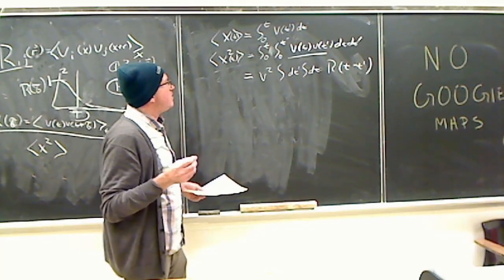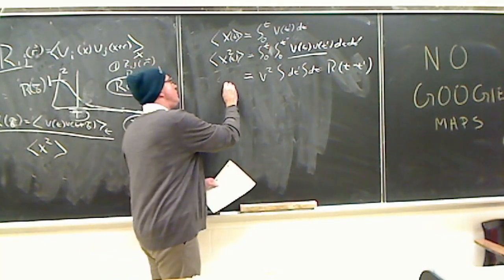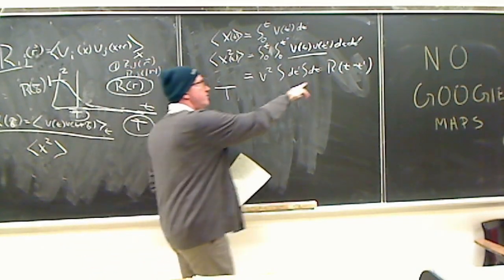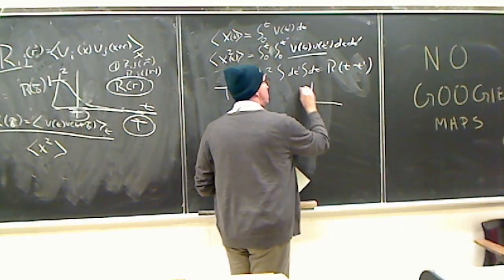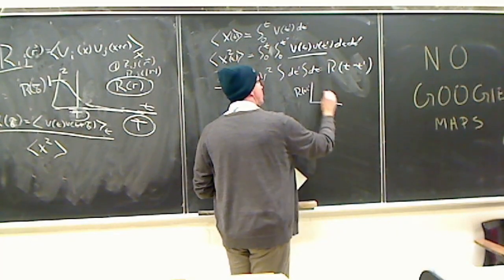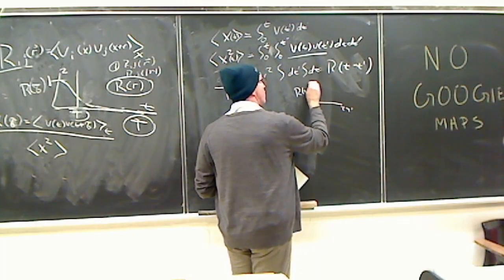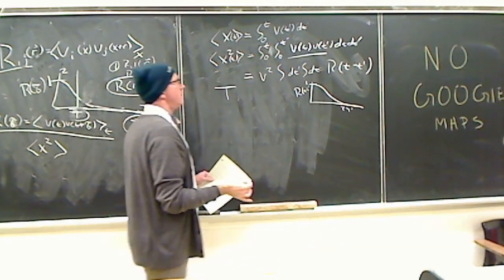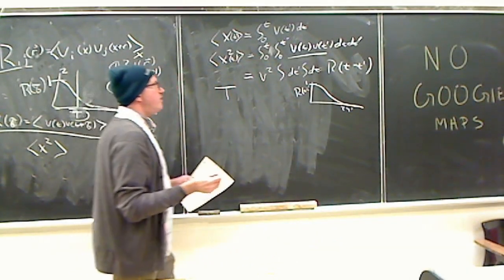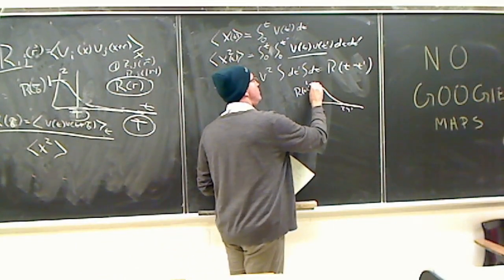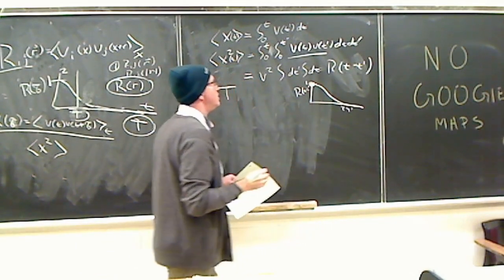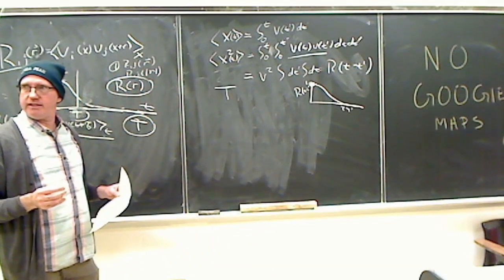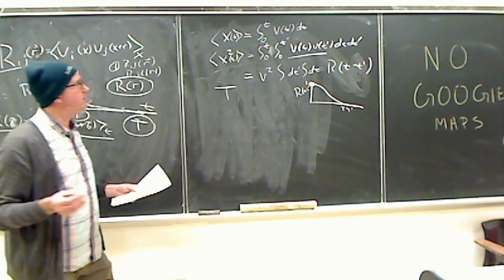So we're going to talk about a couple of regimes. Now I have some correlation time, big T, and that is the time at which my correlation function r of t minus t prime is going to start off here at 1 and fall off to 0 somewhere. So now if I'm looking at times that are very close to each other, then r is essentially 1.